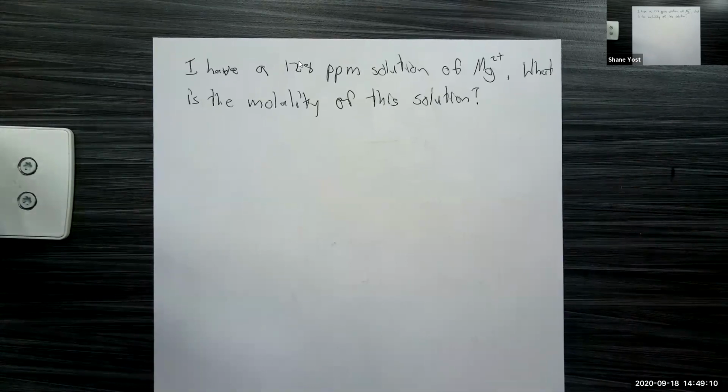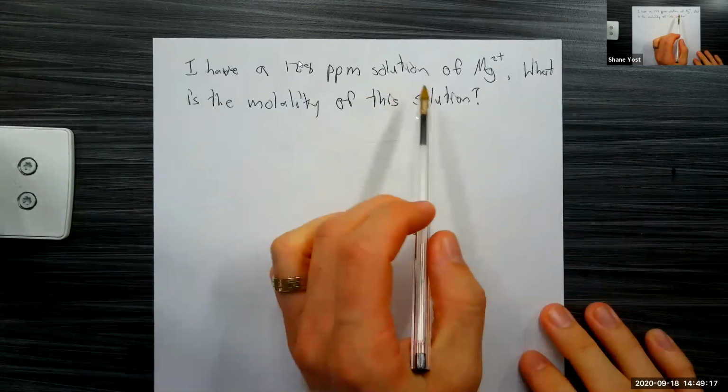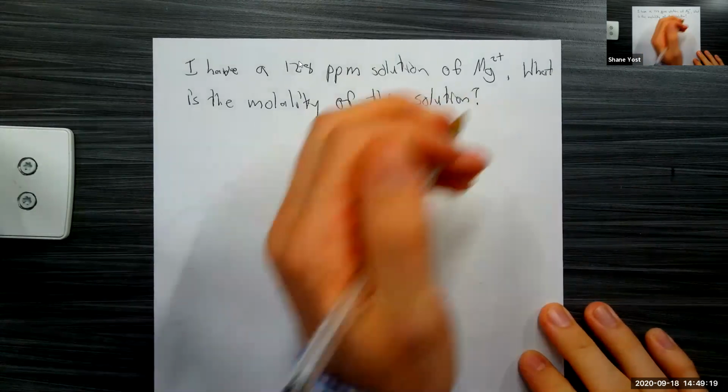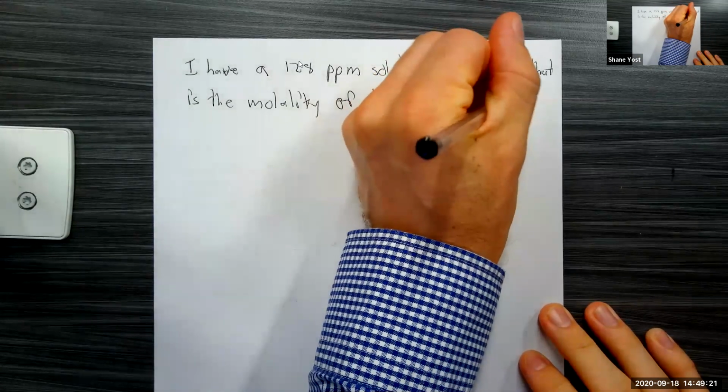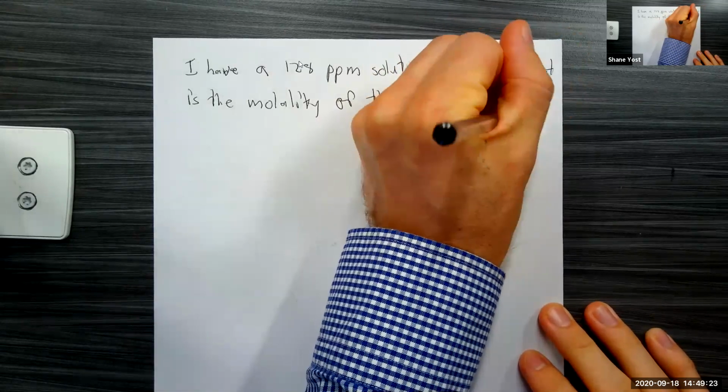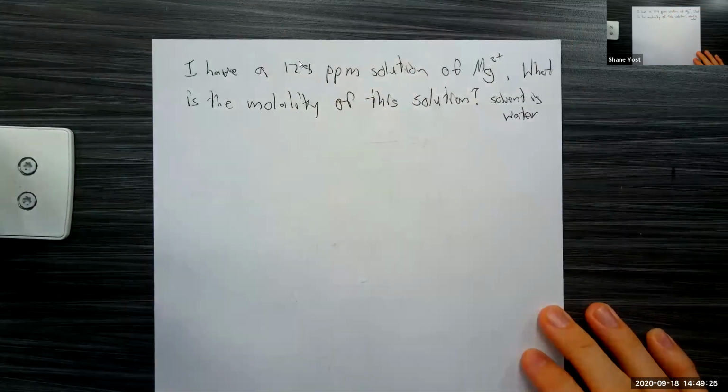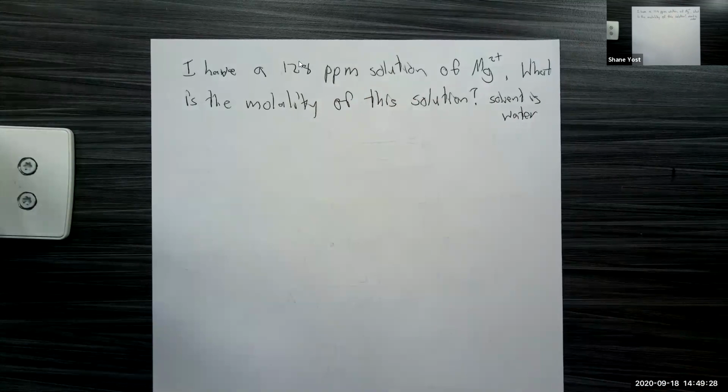On exams and other things I'll try to mention it, but often, if you're talking about a solution of something, it's assumed that the solvent is water. Typically, if the solvent is not water, it's mentioned what the solvent is.